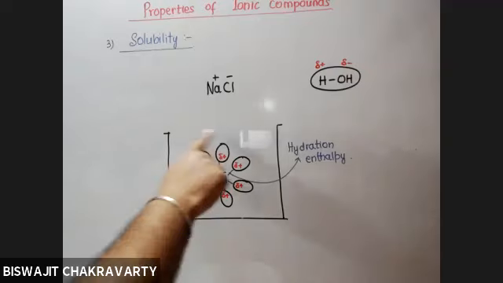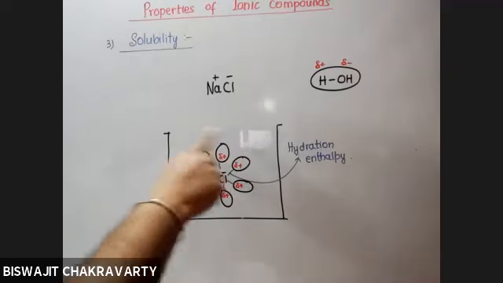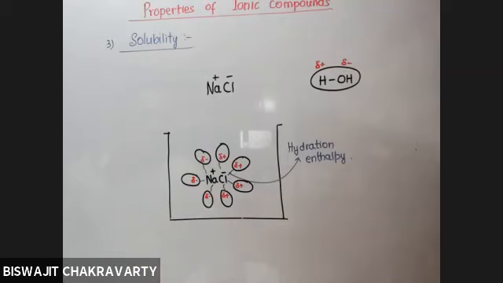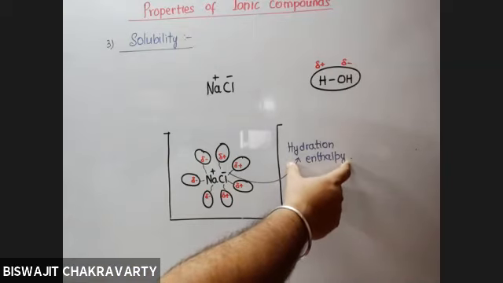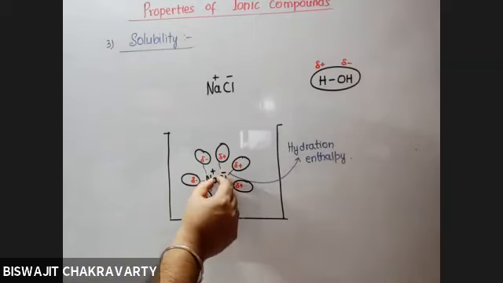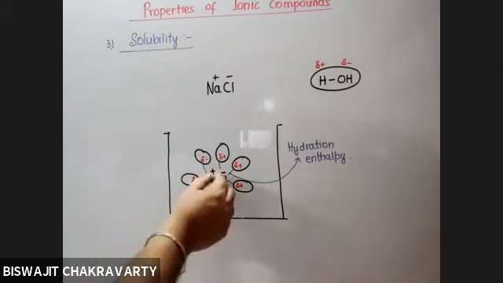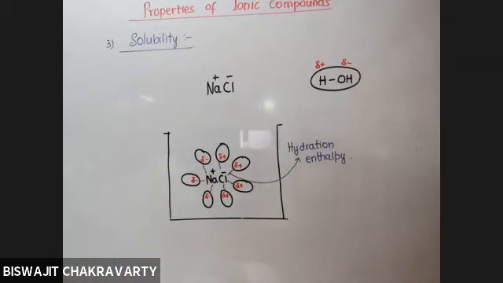Now NaCl interacts with water, and during this interaction, hydration enthalpy is released. If this hydration enthalpy is greater than the lattice energy required to break them, then it will break down into ions, otherwise it will not. But it's a well-known fact that ionic compounds like sodium chloride dissolve very well in water.